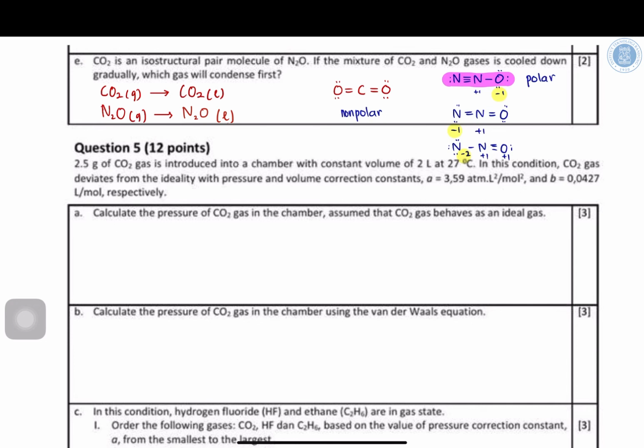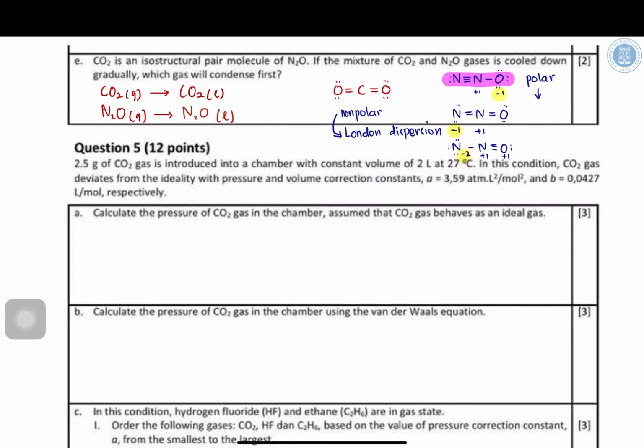So in that case, CO2 has London dispersion, while N2O, which is polar, of course also has London dispersion.